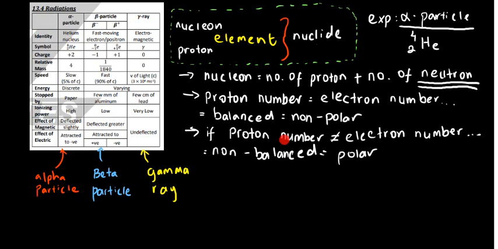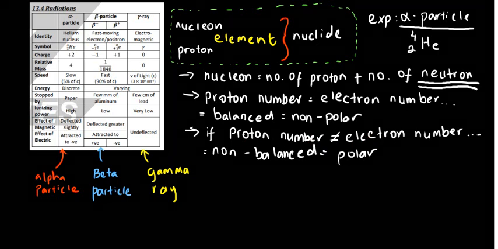If the proton number is not equal to the electron number, it could be positively or negatively charged, then the atom is non-balanced, and therefore we can call the atom polar. And what will happen if another atom joins that atom because it's unbalanced? But that's basically what it is.